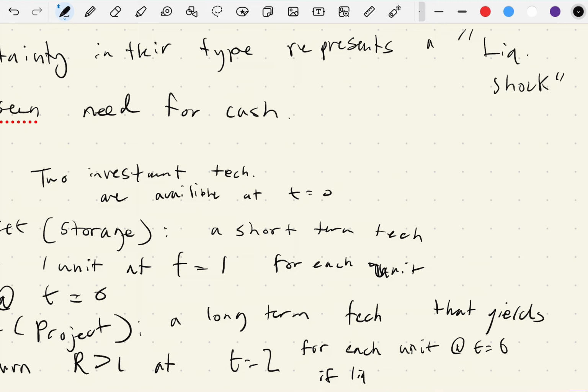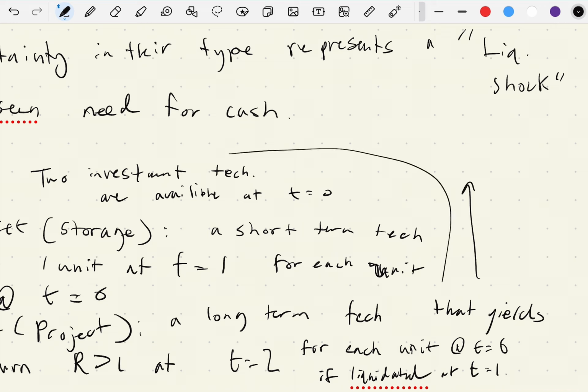And if this investment is liquidated early, so if liquidated at t equals 1, or if the agent is impatient and they liquidate it early, this yields only L is less than 1. So this basically means that we have a penalty for early withdrawal.